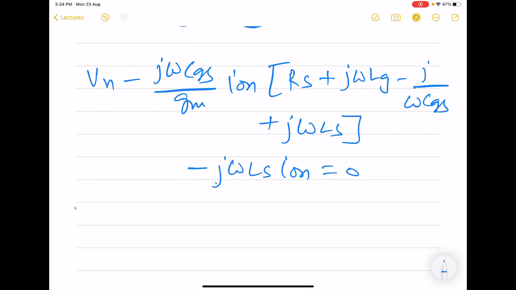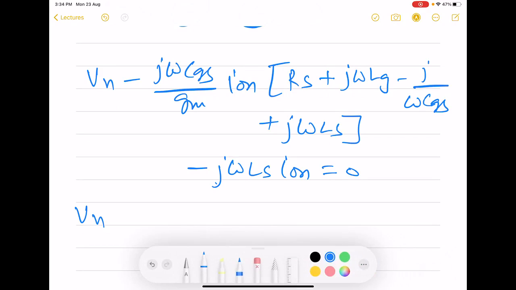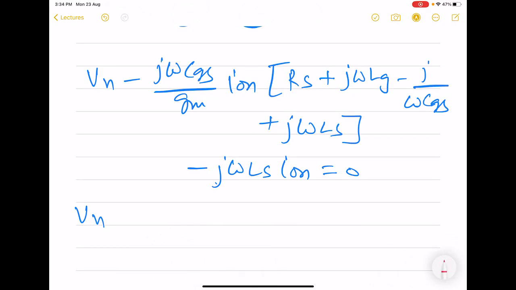Here we will now take the help of equation number 5 that we had written. You can see that we have all three terms of equation 5 present here.